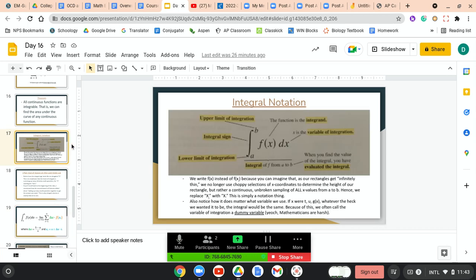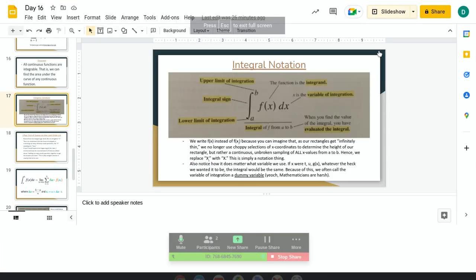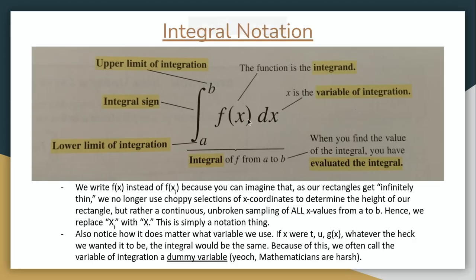We write f of x instead of f of x sub i in our integrals, even though our Riemann sum had f of x sub i. This is because, as our rectangles get infinitely small, we're no longer using a choppy selection of x coordinates. When we're doing our approximations, we select choppy selections of x coordinates to determine our height.